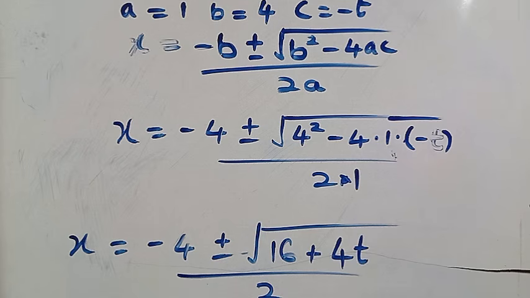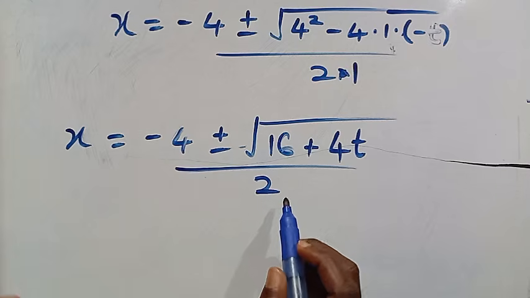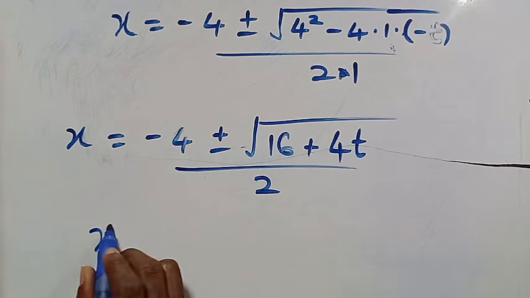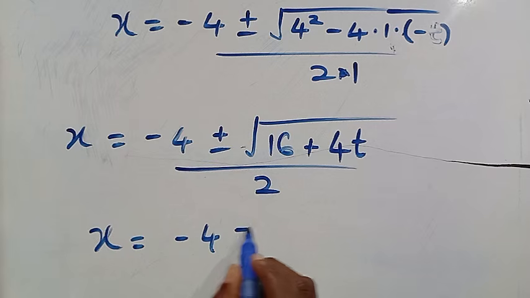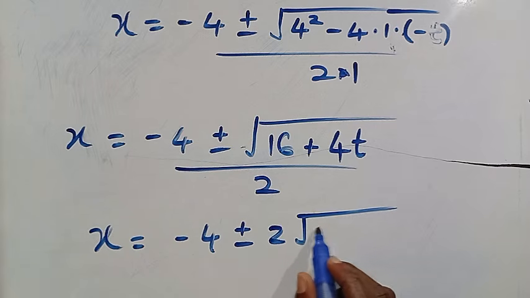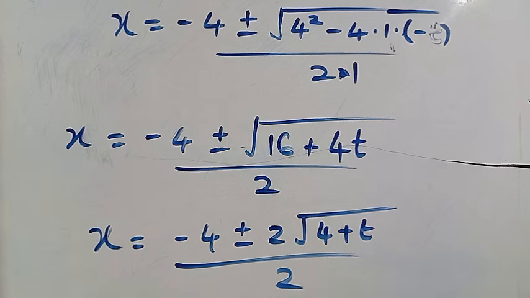At this point we can try to reduce this. We can take out 4 here, and the square root of that 4 is 2, and so we have x equals minus 4 plus or minus 2 square root of 4 plus t, divided by 2.